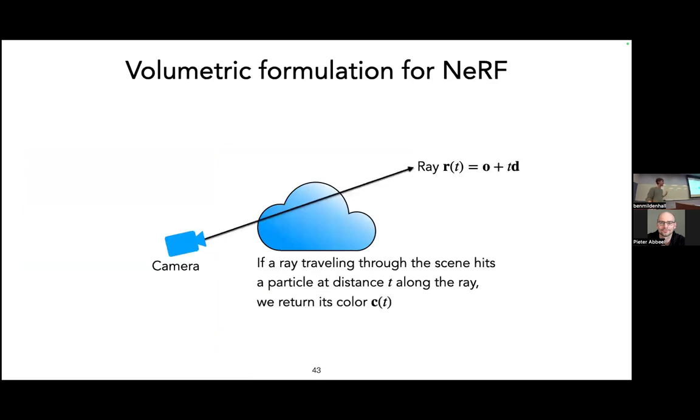Then our job is to say, if a ray travels through that cloud of particles, where is it probably going to stop, and in expectation what color are we going to see? So we want the distribution over t along the ray so that we can take an expected value over the colors being emitted by the cloud, and then return that back to the camera.